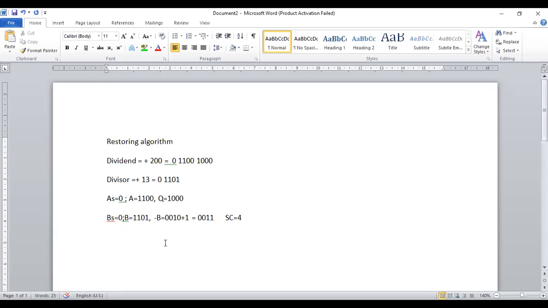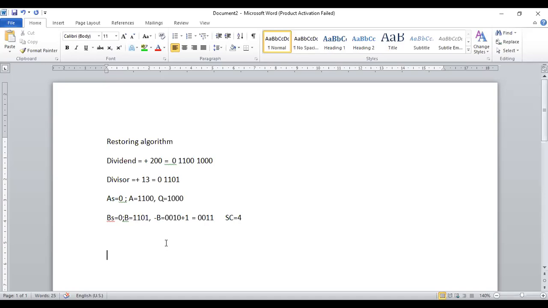So remember the restoring algorithm. What is the algorithm first? First we will perform a division by subtracting B from A. Okay, right? We'll subtract B from A. If A less than B, you should not perform subtraction, right?